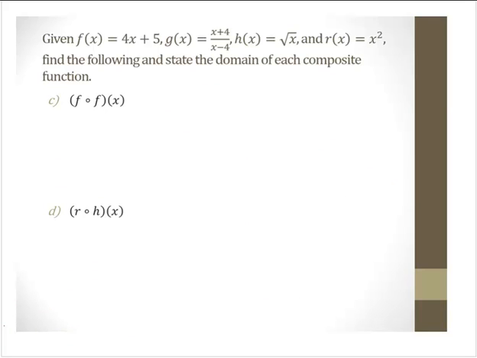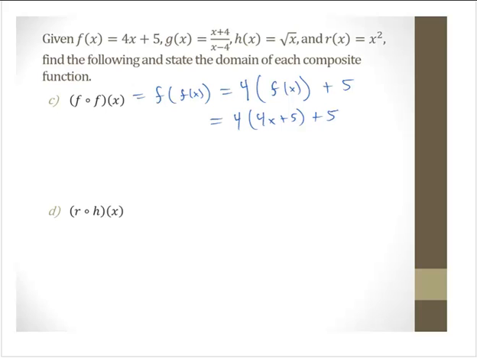Determine f composed with f of x. Well, that's f of f of x. Now f of x is 4 times something plus 5, and I'm going to replace the something with f of x. So that would be 4 times 4x plus 5, plus 5.